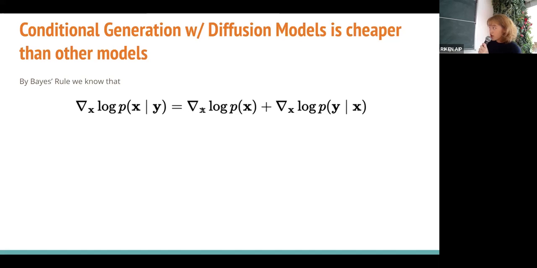If you have an unconditionally pre-trained diffusion model, you can directly plug a classifier into it in order to generate conditionally. This is very different from what we usually see with GANs, because for GANs, you usually need to train a separate encoder. You need to collect a bunch of paired data and then train an entirely new generative model. Whereas here, you don't actually need to do that.